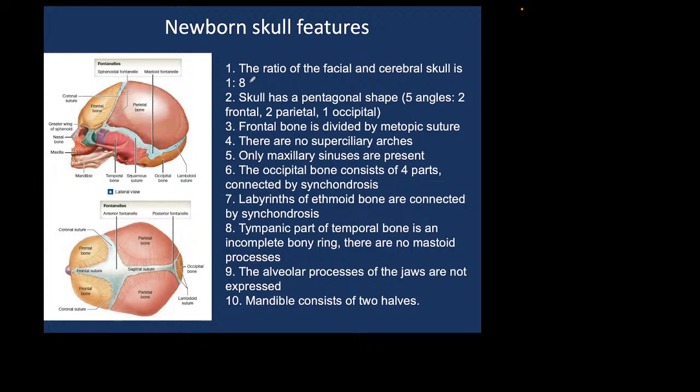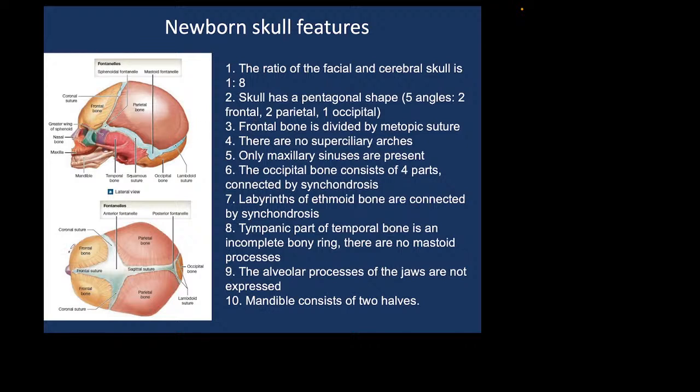This is typical because in adults the ratio between viscerocranium and neurocranium is 1 to 4, but in the newborn skull it is 1 to 8.